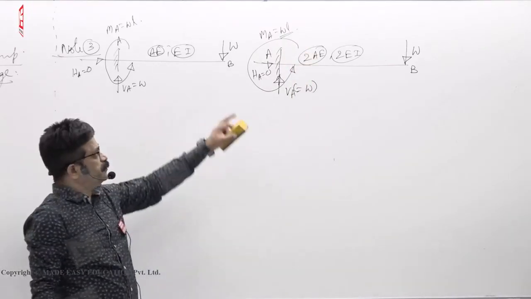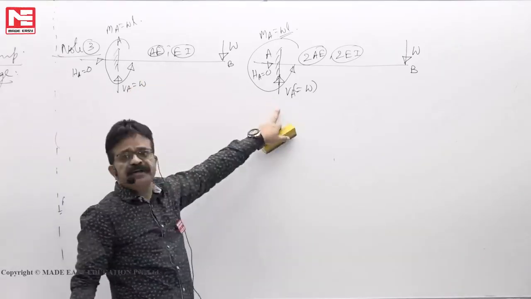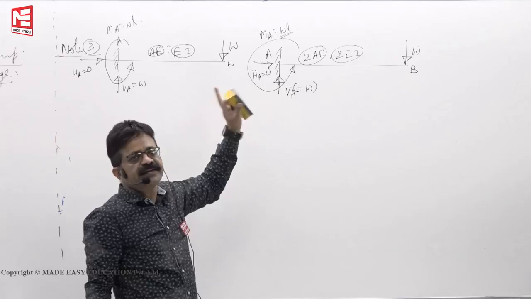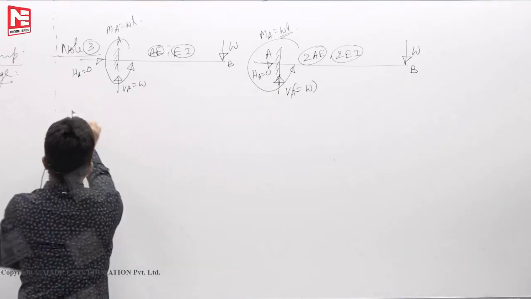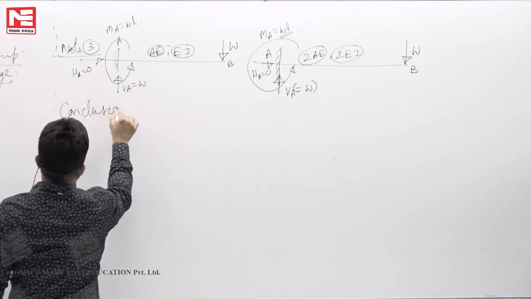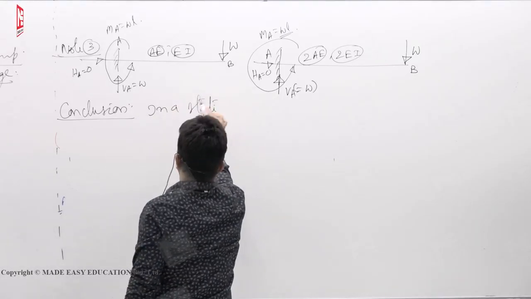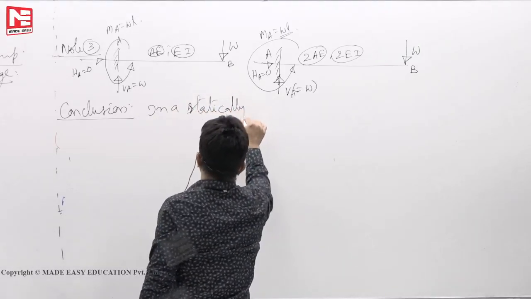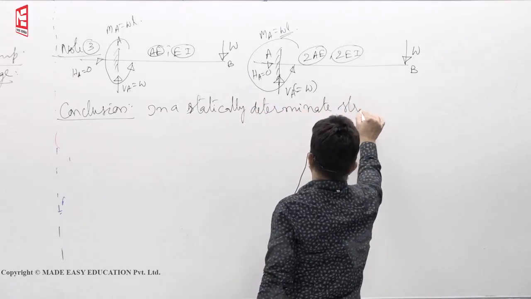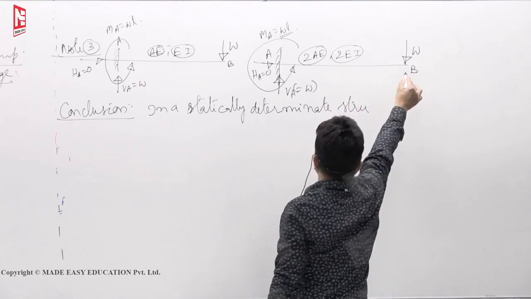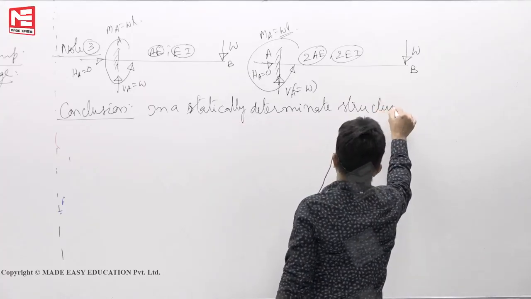That means the material property and cross-sectional property will not influence the magnitude of support reactions in a statically determinate structure. This is your conclusion. This is what you have learned. In a statically determinate structure, deflections may be more or less, but the reactions are the same.